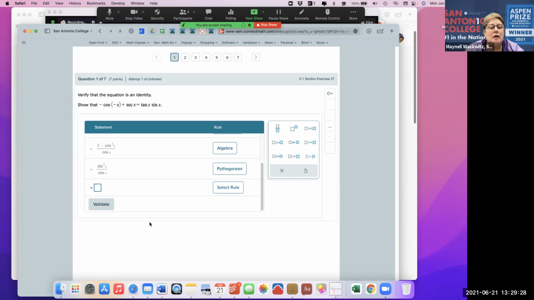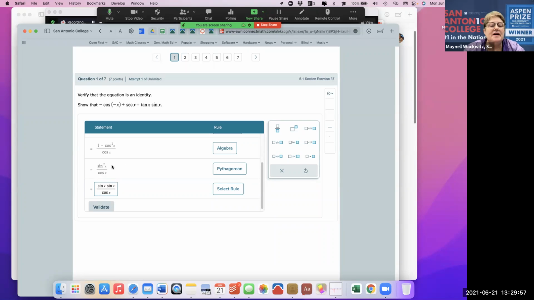Now we're almost done. What do I need to do? What's the goal? Good. So that's an algebra step.